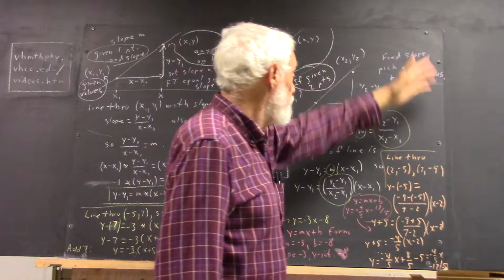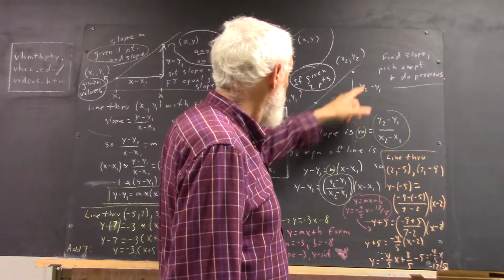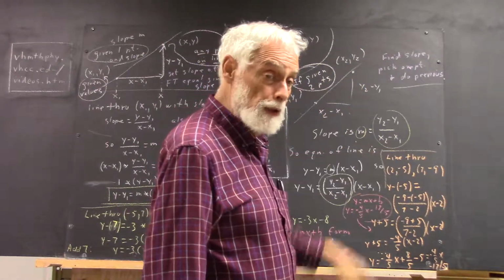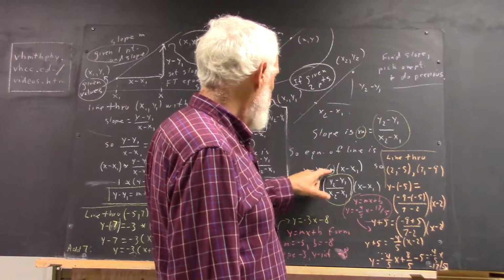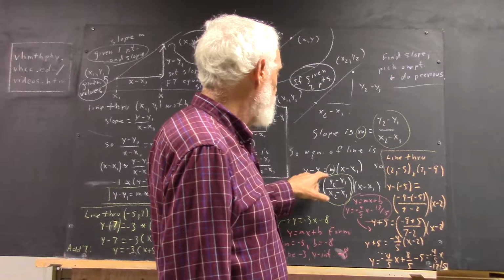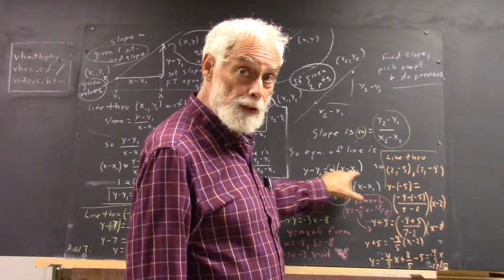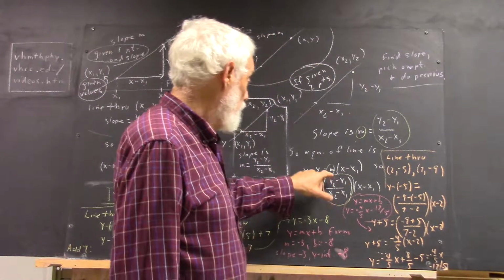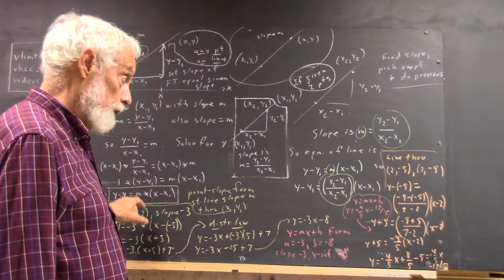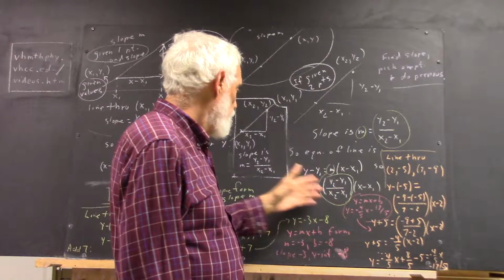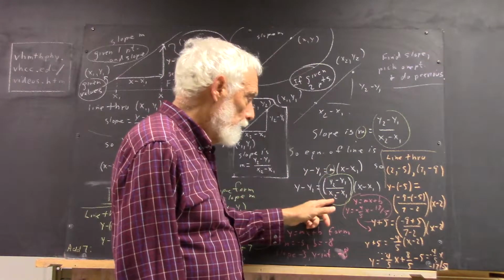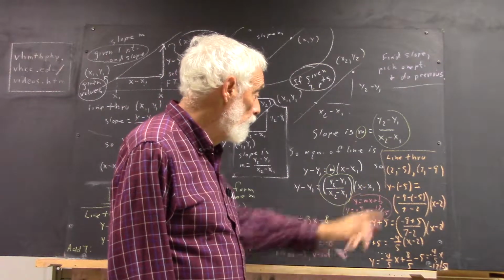So when we find the slope, we're going to get rise y2 minus y1 over run x2 minus x1. And then we're going to write that down. We know that y minus y1 equals m times x minus x1, where m is the slope. It's no less true now than it was over here. But now we have the expression for m, and I've indicated that already. So we replace m with that expression, and now we have a formula.